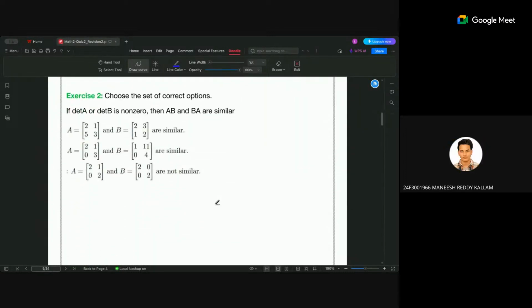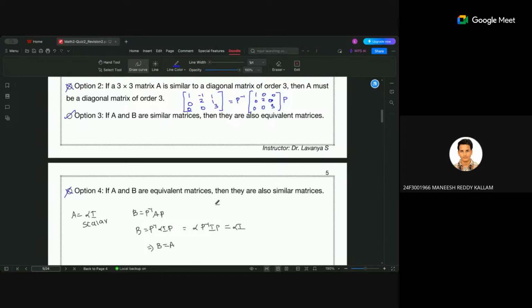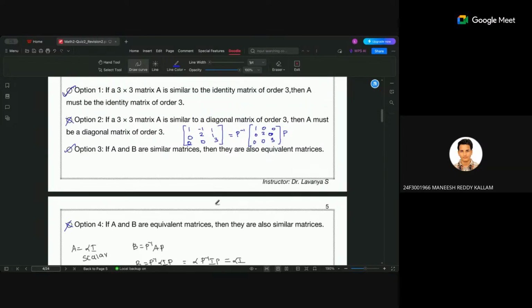Ma'am, sorry for interrupting. Till now we were proving option 2 was right? See, that is what I have given. I have given a non-diagonal matrix. So this is your A. It is similar to a diagonal matrix, but this A is non-diagonal. So in place of "must", if there is "can", then it would be right?